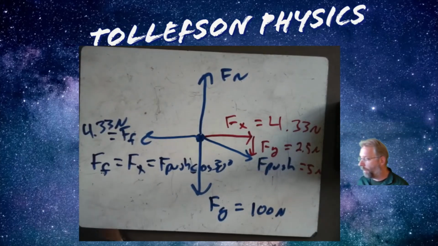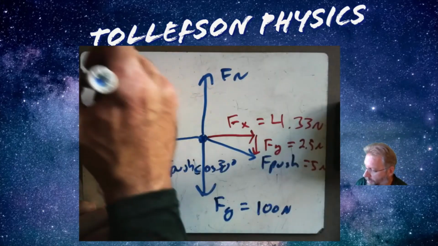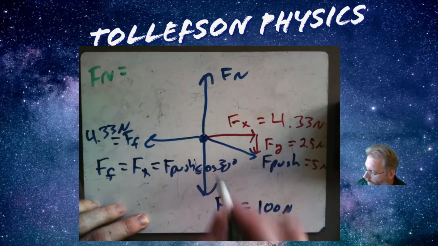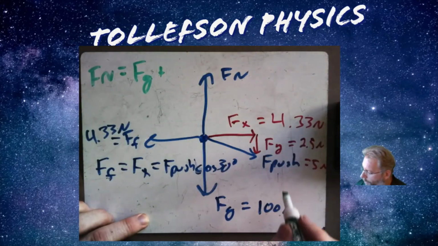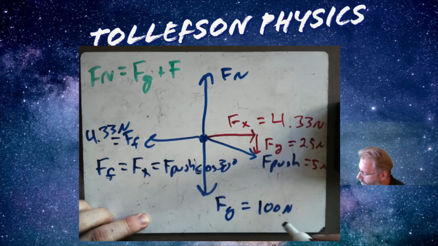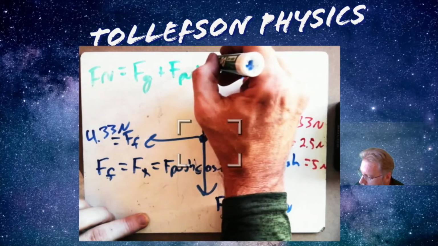I really should change color, so I will. So for the vertical direction, the y-axis, what we actually have is the normal force is my up force, and that is going to equal the gravitational force plus the force that was in the y direction. And I'm going to write it out because y looks like g the way I write it.